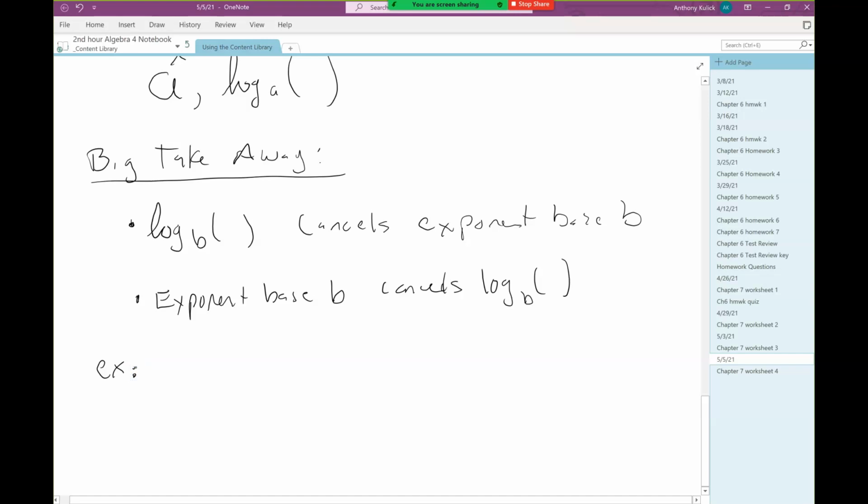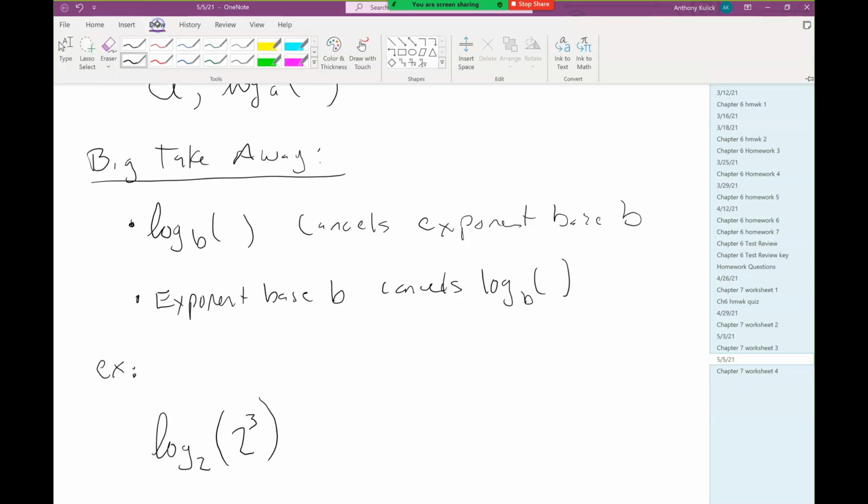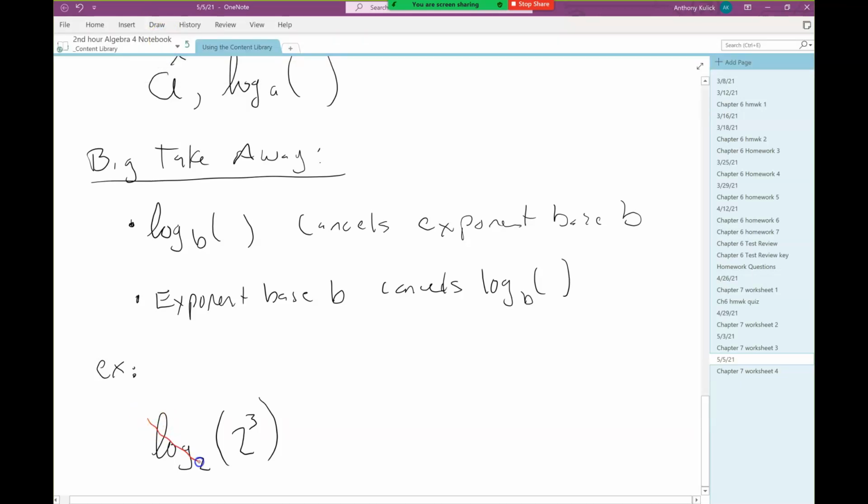So just to show you what I mean by this symbolically, because again, we write the words down and then you write symbols on a paper, and oftentimes it's hard to connect the two ideas together. So let's do symbolically what this is saying. If I have log base 2 of 2 to the third, the log base 2 is going to cancel with the exponent base 2, and it leaves just the 3.